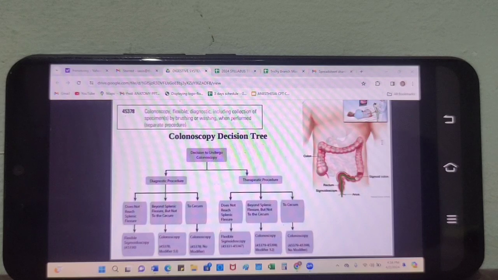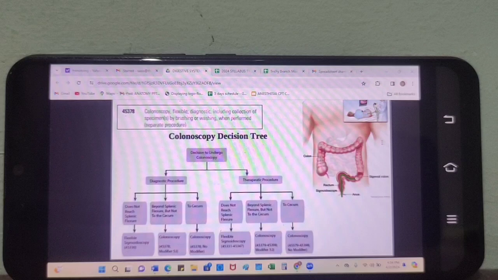Modifier 53 implies a discontinued procedure, ma'am. And why are we using it here for the diagnostic procedure? That is the rule, because if the scope is inserted through the mouth, the patient can have respiratory distress and can feel pain.